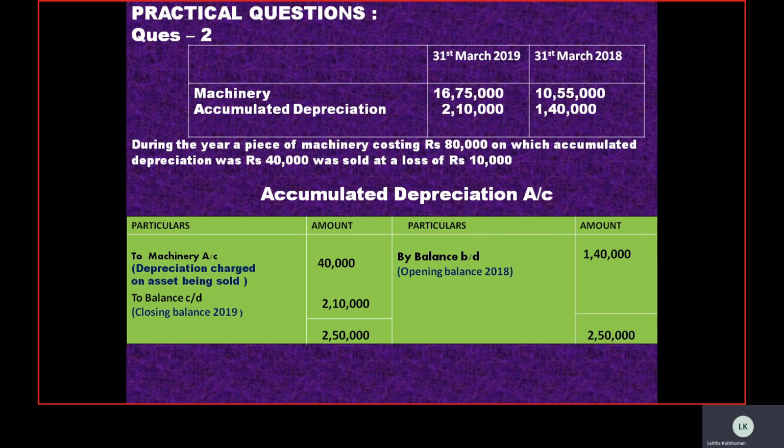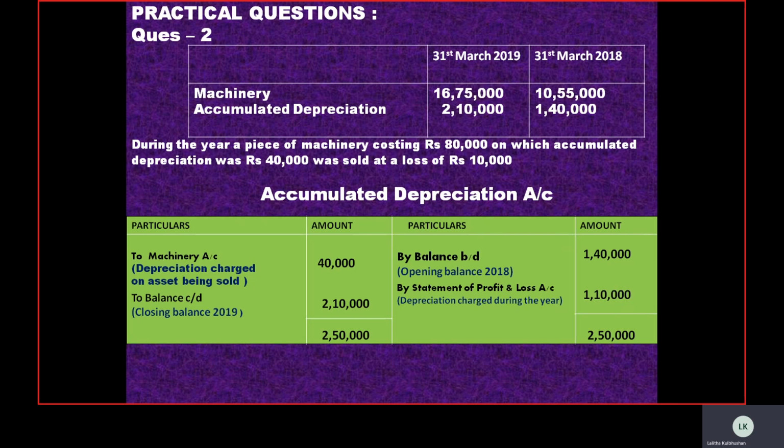So therefore, let's find out the balance. This balance will be denoted as by statement of profit and loss account, which means depreciation charged during the year. Hence, the balance we are going to get is 1,10,000. How we got this value? 2,50,000 minus 1,40,000. So hence we get the value here as 1,10,000. This is the process which we call balancing of a ledger account.